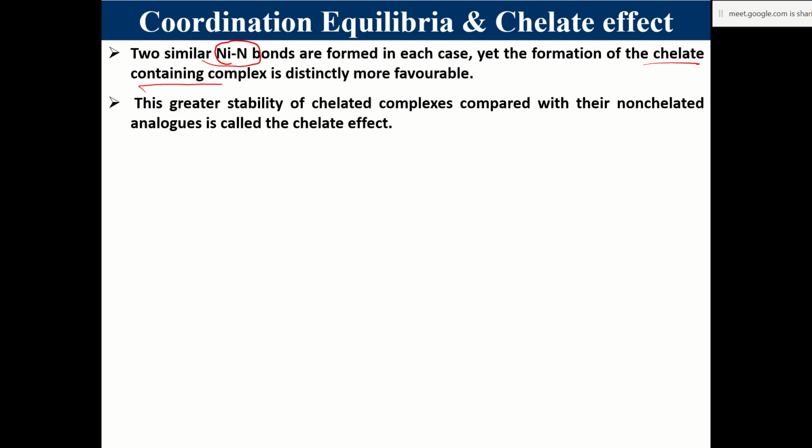So why is that happening? Practically, when this was observed, it was called the chelate effect, taking resemblance from the lobster holding a small sphere. Chelate means claws, so the metal ion is held in the claws of the ligands having multiple hands.